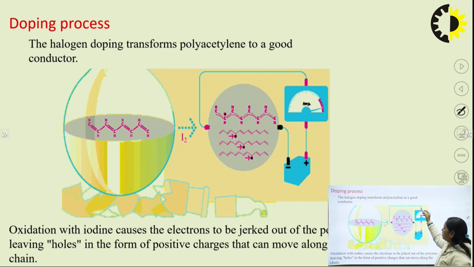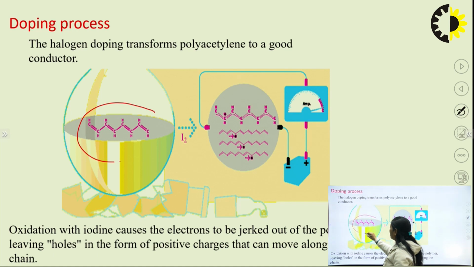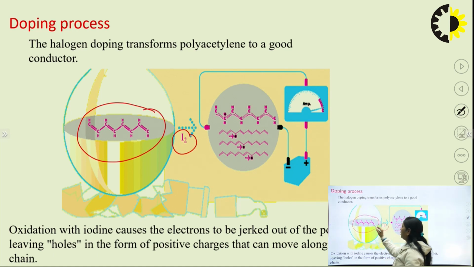To explain the process of doping, in one of the processes we introduce iodine molecules into a polymer molecule which is already conducting in nature.